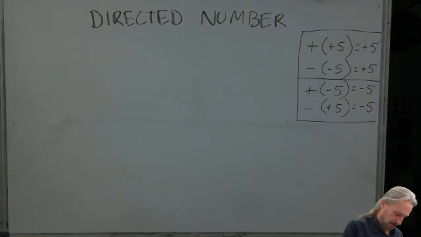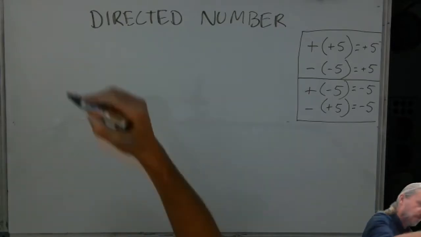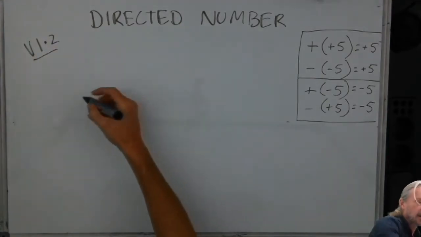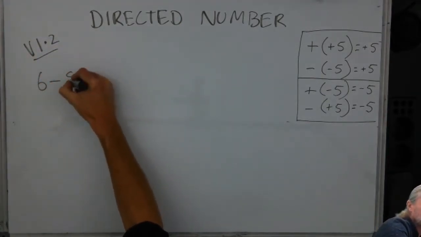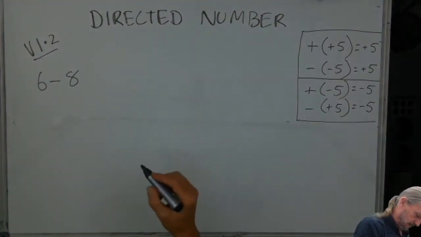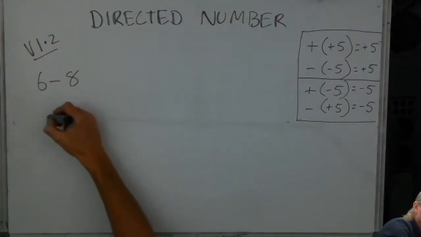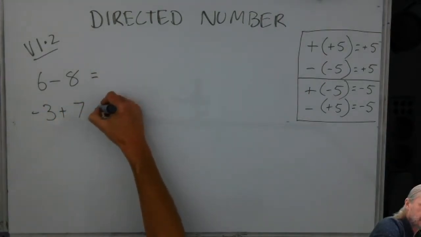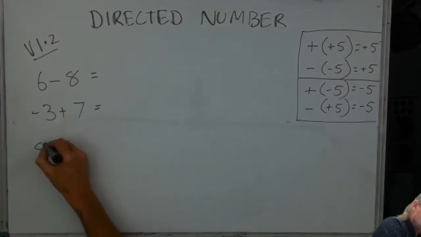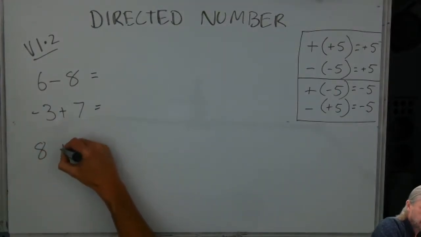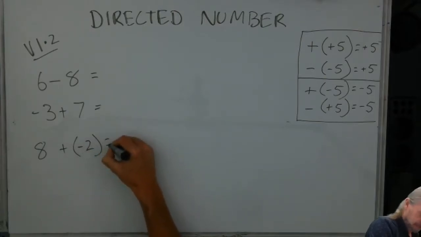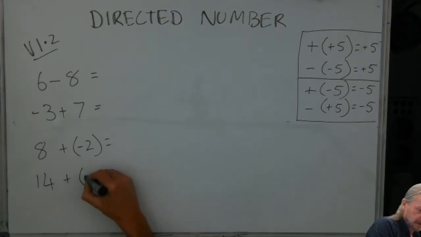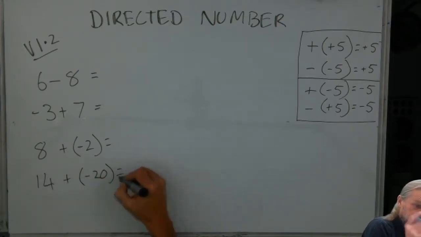So let's write these out first. So this is V1.2, and we have 6, 8. Let's write them down this way. 3, 7, 8 plus negative 2, 14 plus negative 20.